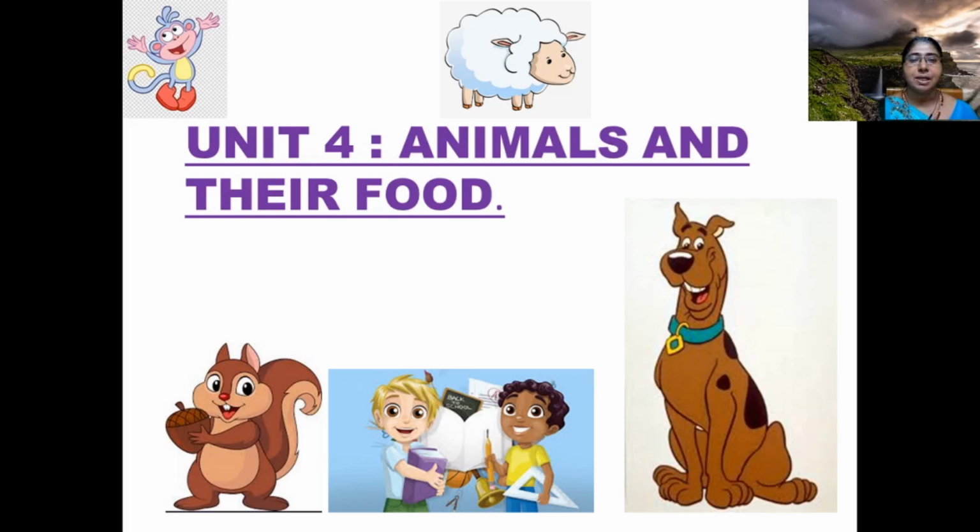Small animals are rat, squirrel, grasshopper, ant, lizard. They eat different types of food. Big animals are lion, tiger, leopard, cheetah. They eat big animals and small animals also.